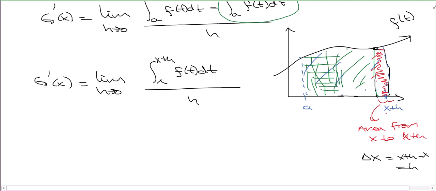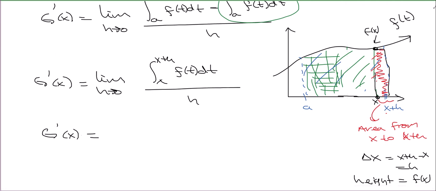And the height, what is my height? It will be f of x, because when I'm at x, this is x over here, that is f of x. So I can rewrite this as g prime of x being really equal to the area of that rectangle.